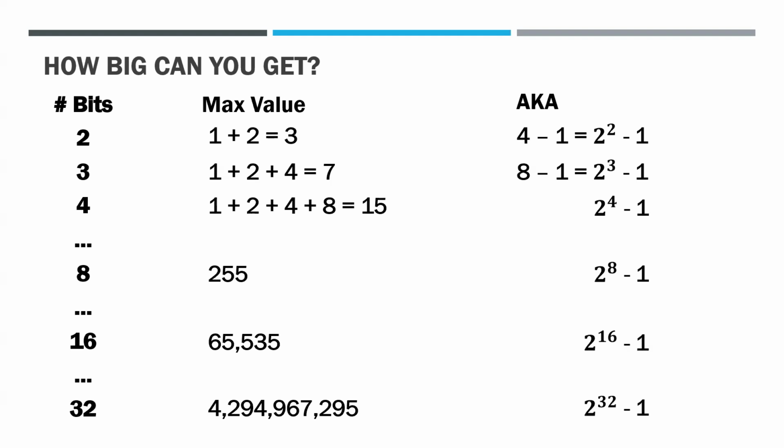32 times 4 is 128, but moving from 32 to 128 bits is not like multiplying by 4, because it's exponential. If I gave you 33 bits to play around with, you would be able to represent numbers up to double this value, over 8 billion.